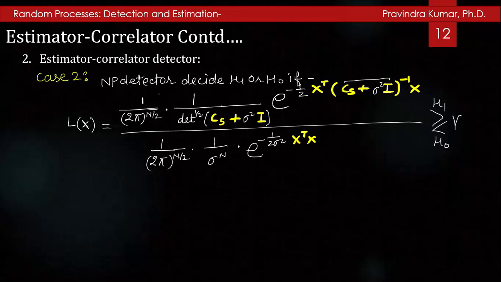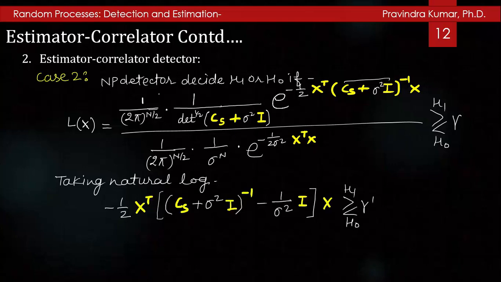Taking the natural log on both sides, you will get the log likelihood ratio: 1 by 2 x transpose into the inverse of the matrix Cs plus sigma square I minus 1 by sigma square I into x, greater or less than the threshold value gamma dash.